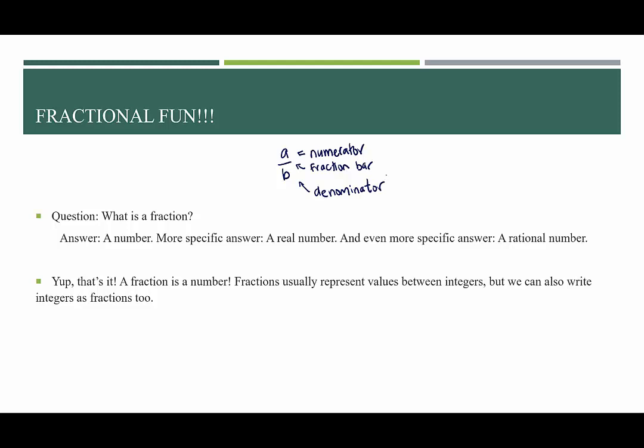Really, the fraction bar is actually a division symbol. So we could rewrite any fraction, and if you ever want to convert it to its equivalent decimal, you do the numerator divided by the denominator. We can talk more about that when we get into more of the fractional details, but that would be another option. Now, fractions are superior to decimals because decimals could keep going on and on and on.